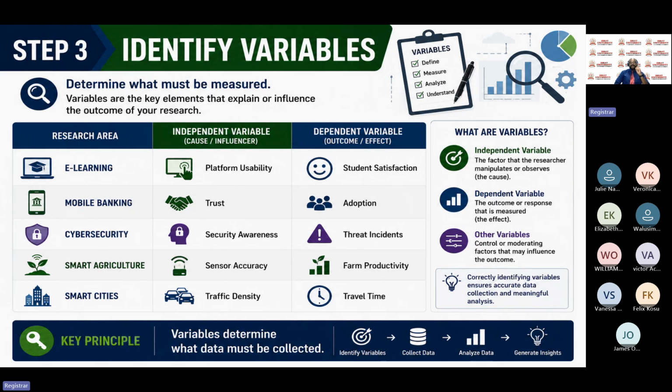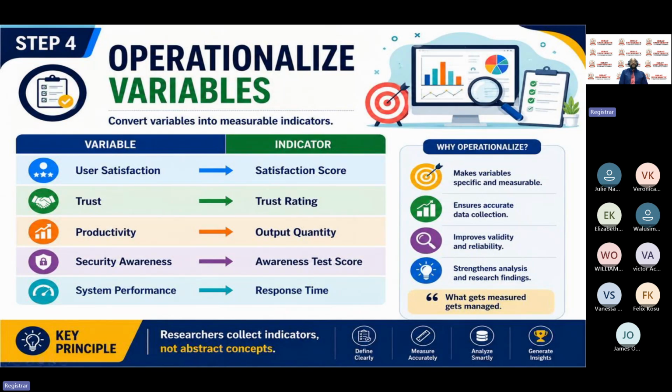Objectives give direction to the data, variables decide what data to be collected. So on this board, finally, as the baseline, identify the variables that tell you how to collect data and better data collection. Then you can analyze the data and generate proper insights. Once we're done with step three, we go to step four.